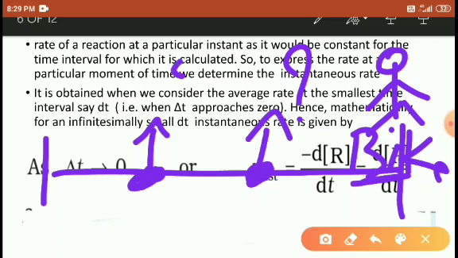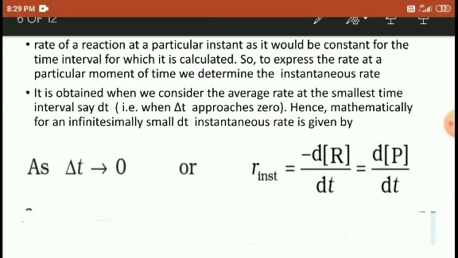At any instant point, when we want to know the rate of the bike or of any object, we call it the instantaneous rate. Right students, this is about the instantaneous rate.